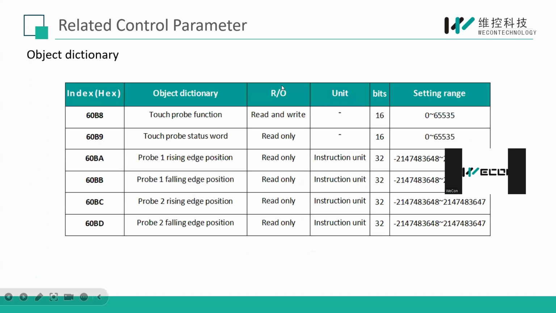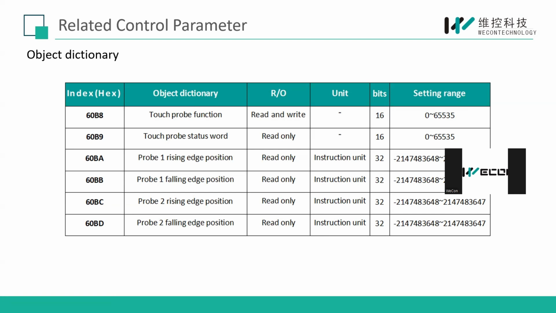And this is the object dictionary we need to configure it in our controller. First one is 60B8. This index is used to configure our TouchProbe. And we have another index 60B9. This is used to read the TouchProbe status.